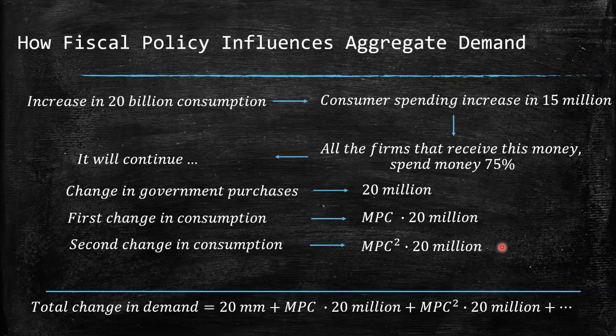We end up with the total change in demand as the sum of 20 million, plus MPC times 20 million, plus MPC squared times 20 million, and it continues.